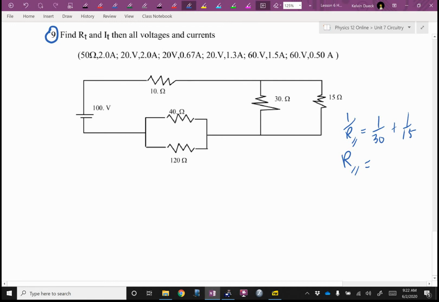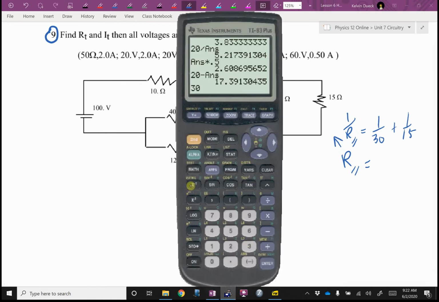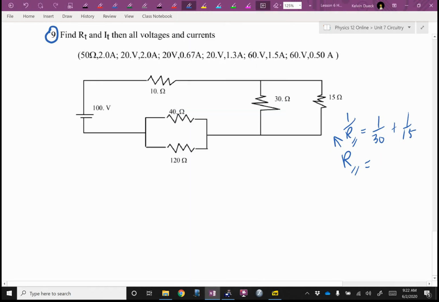R parallel for that guy is 30 reciprocal plus 15 reciprocal, 10 ohms. And here, 1 over R parallel is 1 over 40 plus 1 over 120.